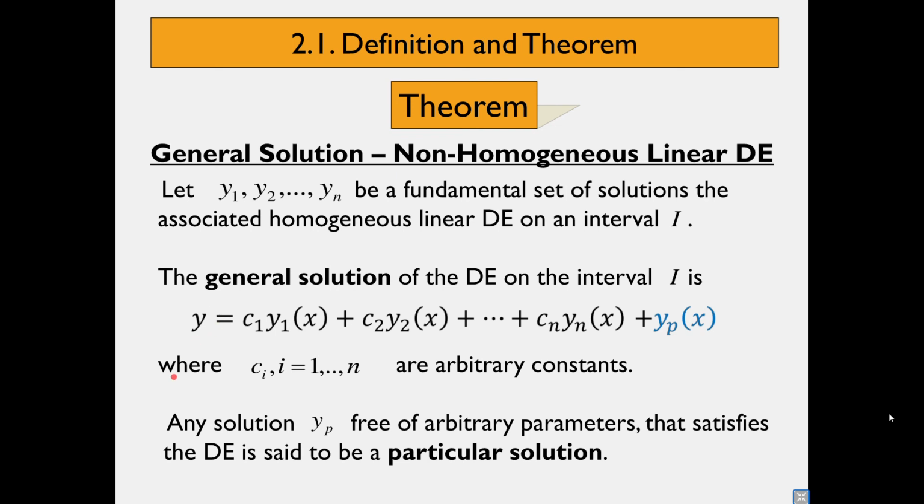The homogeneous part is the differential equation, the left-hand side. The non-homogeneous part is the g(x). But still, we will use the differential equation and then solve for the particular solution. After that, you combine both and then you give the final output.